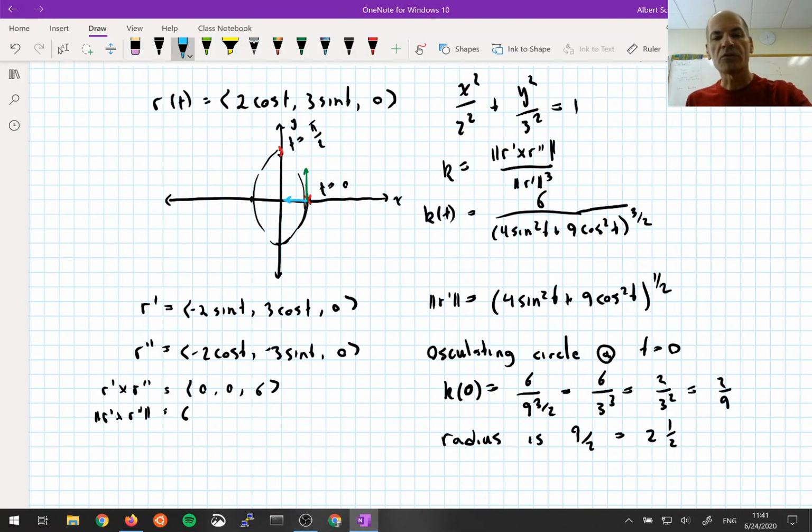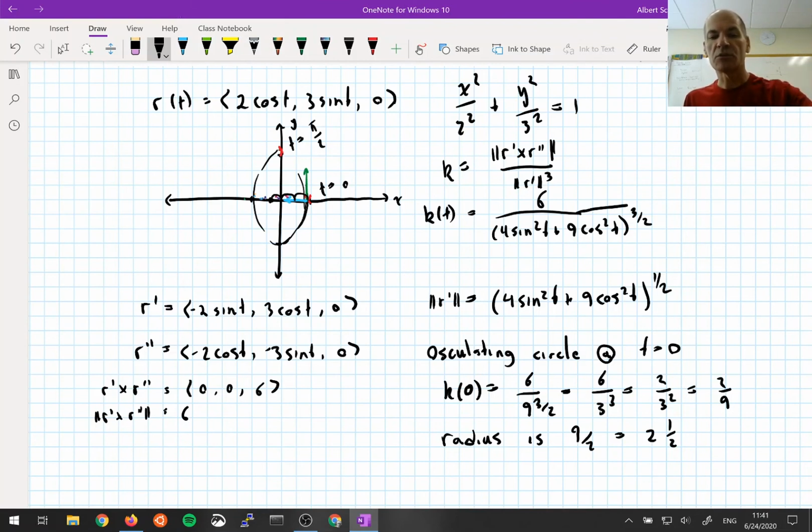And therefore the center of the circle lies somewhere off in this direction. We don't know where, but we kind of do know where. We know that it's 2.5 units in the normal direction. So that's the center of the osculating circle.